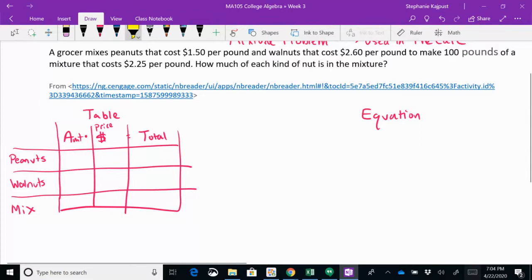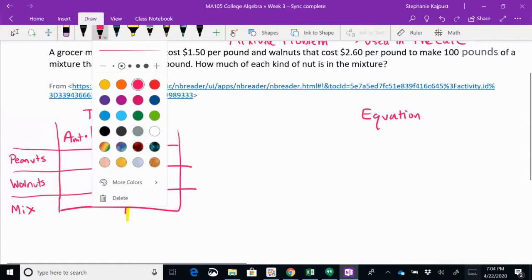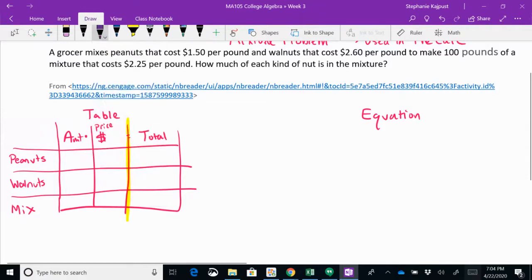And I'm going to just use highlights. So this is our equals. And you multiply, and then it equals. So this is sort of how we come up with our equations. Then you fill in the information that you are given. They're telling us the price of peanuts is $1.50, so I will fill that in right there.